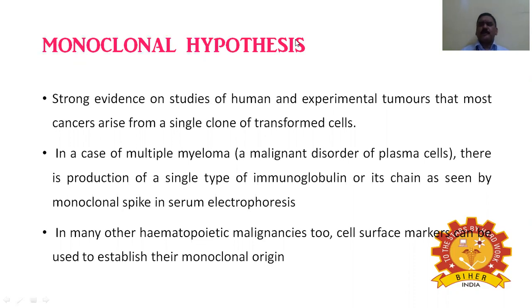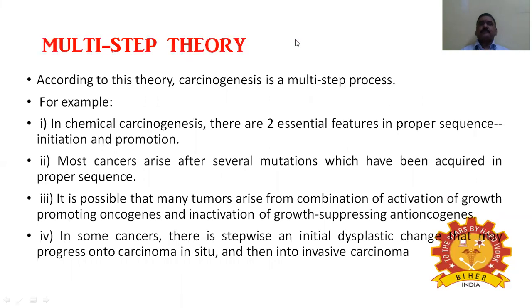It's a neoplasm of the plasma cells. There is the production of a single type of immunoglobulin or its chain, as seen by a monoclonal spike in the serum. In many other hematopoietic malignancies also, cell surface markers are used to establish the monoclonal origin.